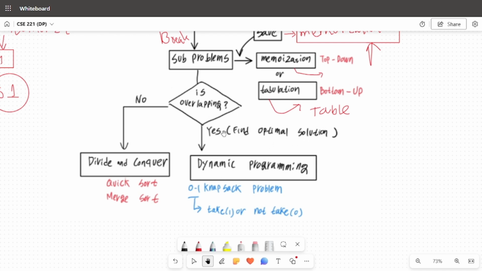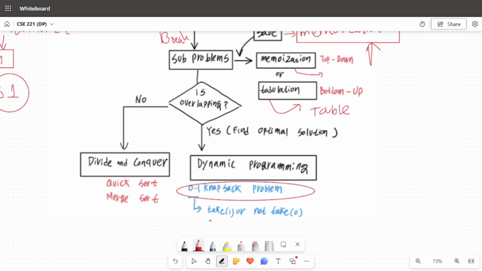How can you overcome the overlapping in dynamic programming? That is where the 0-1 knapsack problem begins. If you find any overlapping, then you have to find the optimal solution, and you do it by the 0-1 knapsack problem.